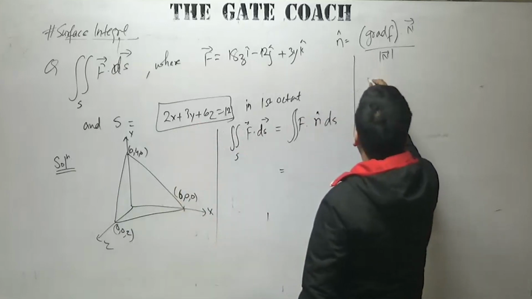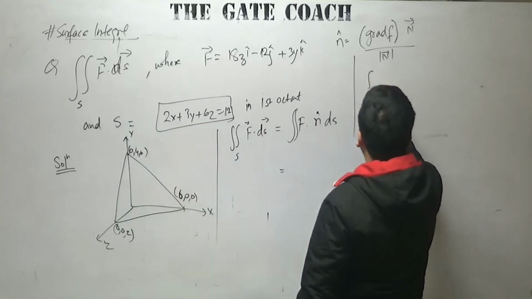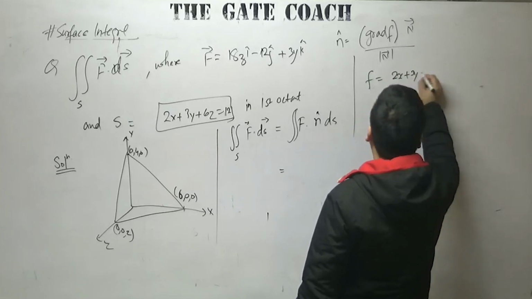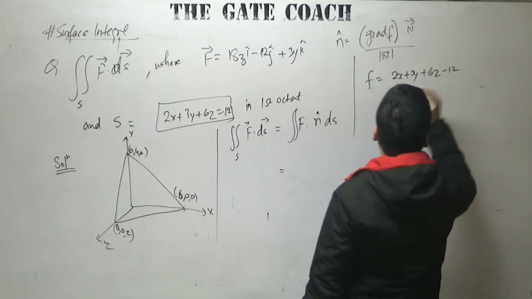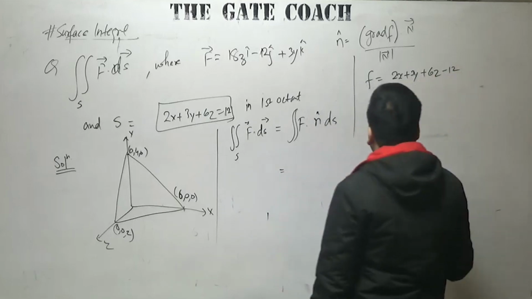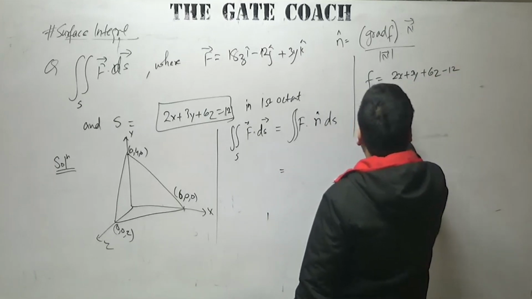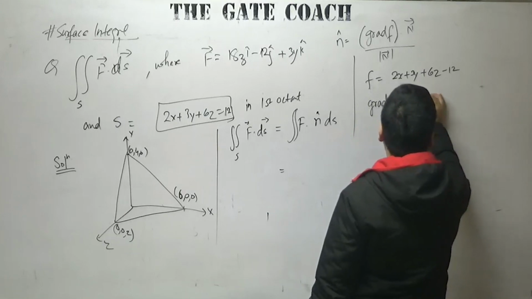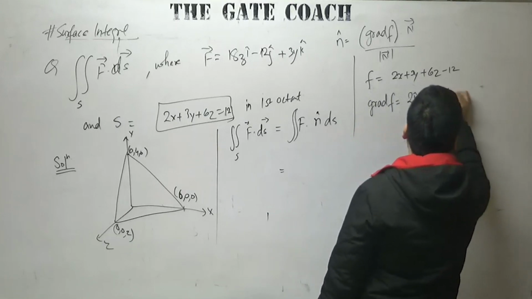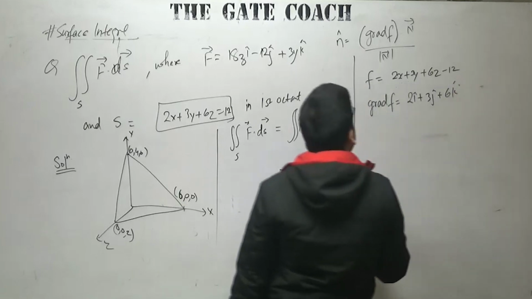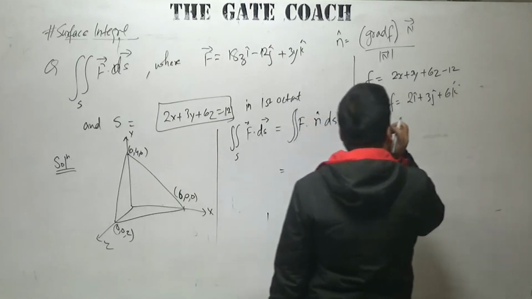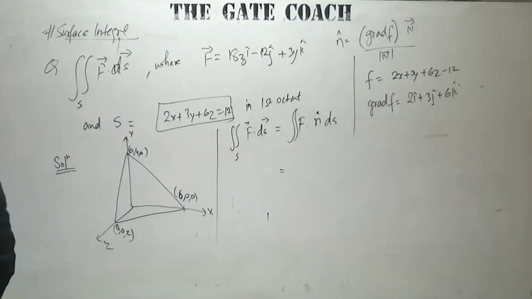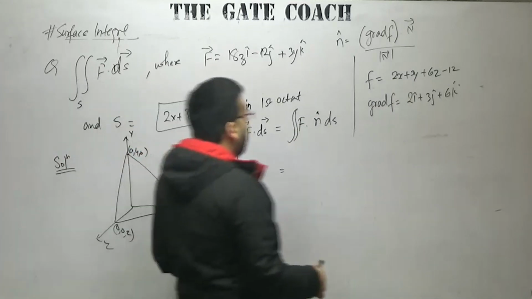This is the function which is given. So function is given to me as 2x plus 3y plus 6z minus 12. Let us say it is some function of x, y, z. Now grad f will be equal to 2 times i cap plus 3 times j cap plus 6 times k cap. Clear? Dot this n vector.